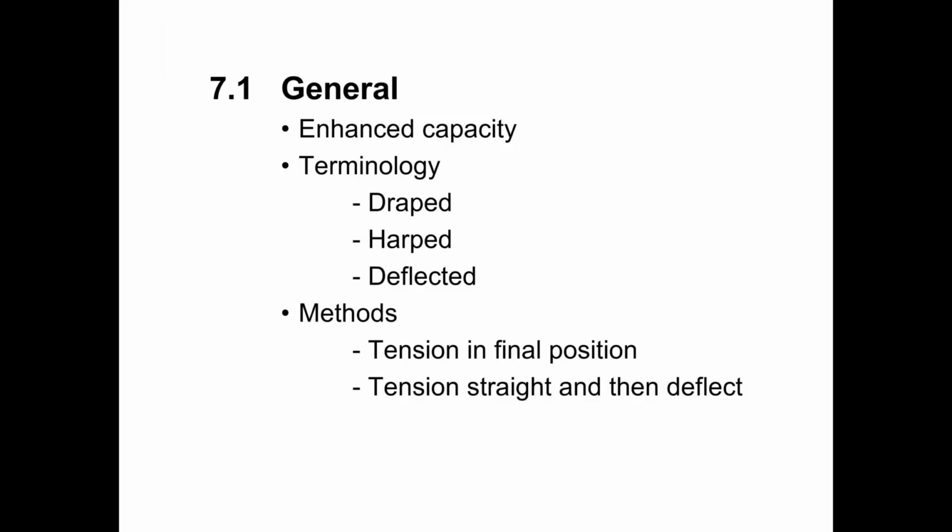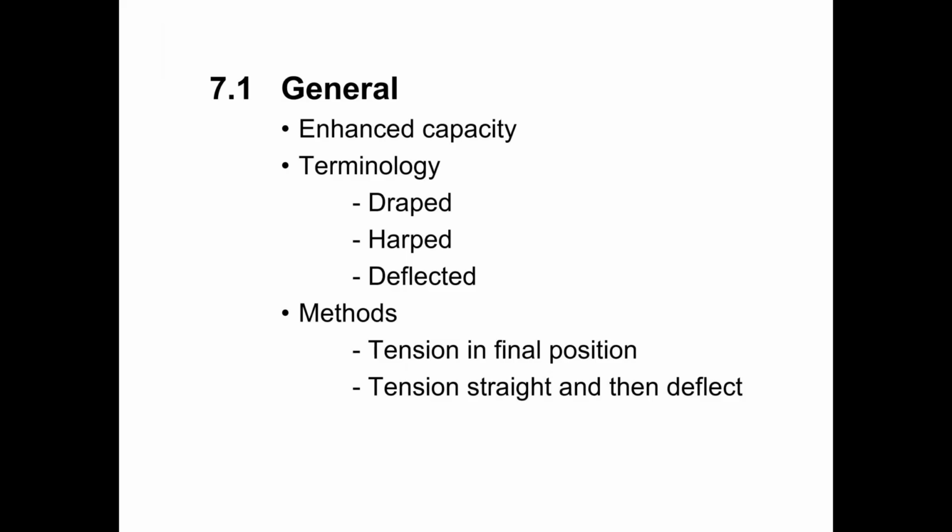One is we do get enhanced capacity from the strands when they are in the deflected position than when they are in the straight position, especially for strands that are higher up in the cross section. If we can push those strands down into the lower portion of the cross section, especially at critical locations like at mid-span, then that gives us significantly more load carrying capacity from the beam than we would have if those strands were just straight.